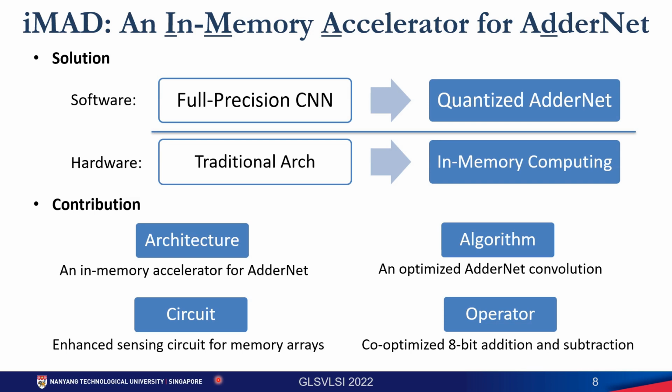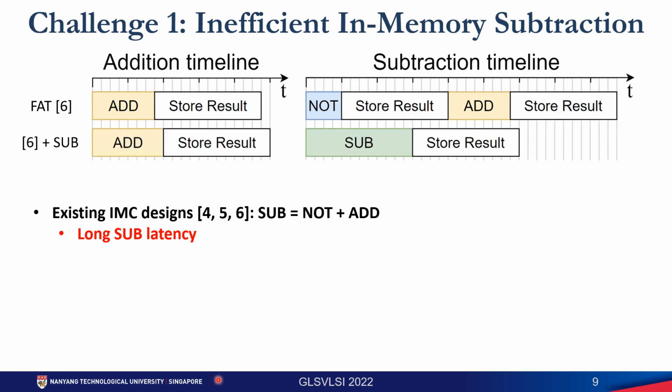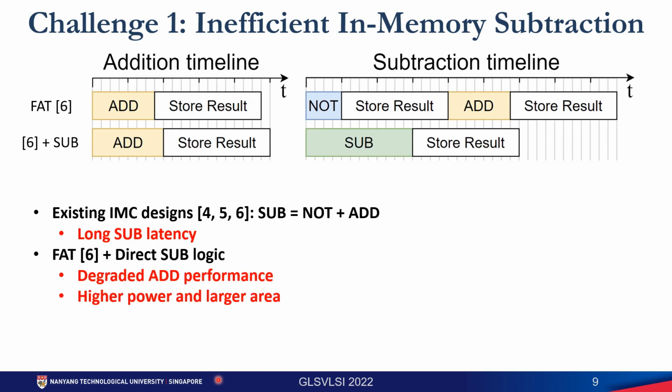The first challenge we met is the inefficient in-memory subtraction. Existing works achieve subtraction by one NOT and one ADD, which has long latency. Adding a dedicated subtraction logic to the sensing circuit can reduce the subtraction latency, but the addition performance is reduced due to the add-on circuits.